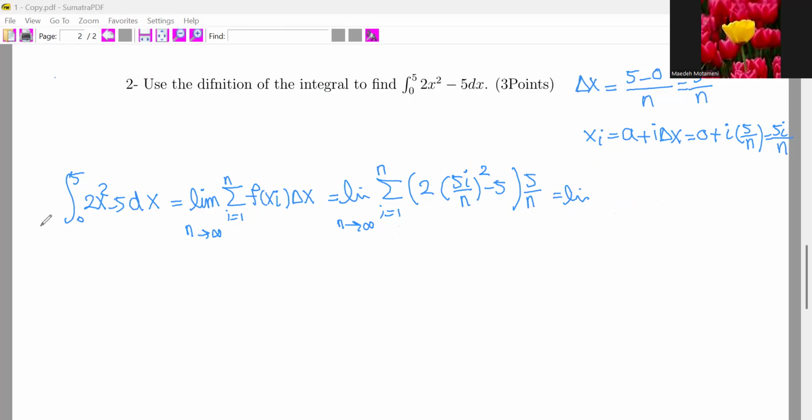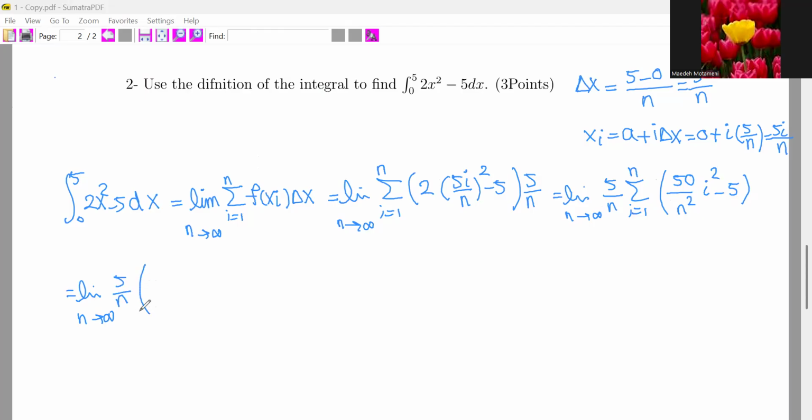So I would write it this way. 5 over n times the sigma i from 1 to n of, we know that 5 squared is 25 here, multiplied by 2 will be 50 over n squared times i squared minus 5. And again, we keep 5 over n outside.